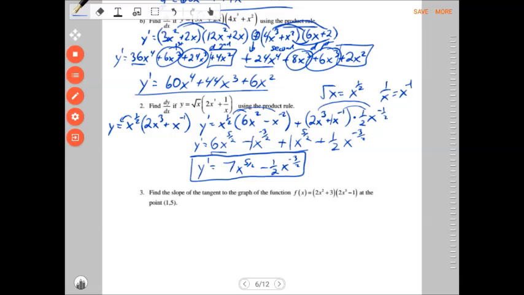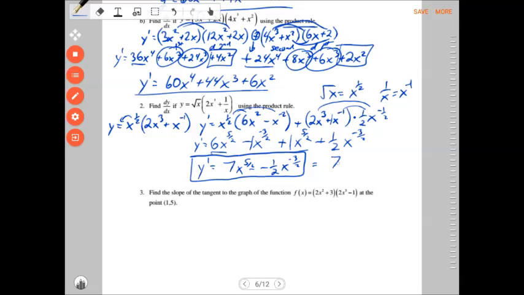Some textbooks, some profs, some teachers are going to want you to turn that back around into radicals and negative exponents on the bottom. So if we were to do that, remember, the bottom of the fraction for an exponent is the root.